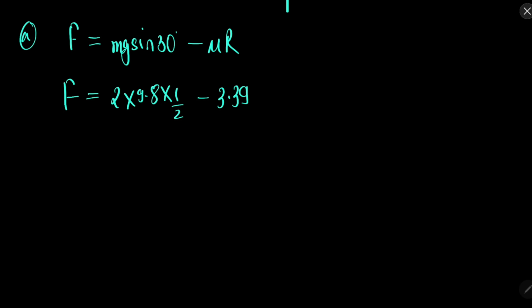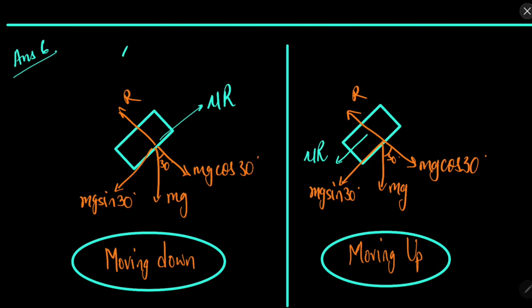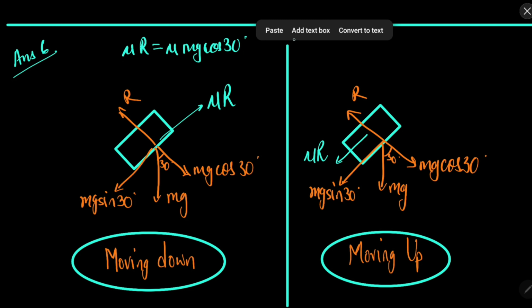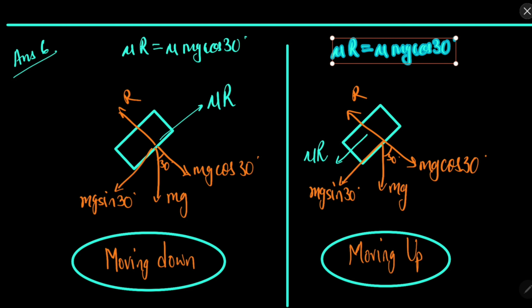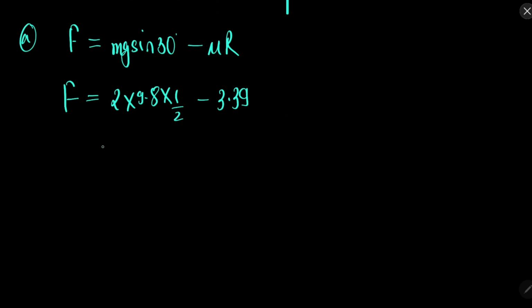Once you solve this, you will get 3.39. Okay, mu R equal to mu mg cos 30 degree, because R is mg cos 30 degree. So once you solve this, you will get mu R equal to 3.39 Newton. So force will come out to be 6.41 Newton.